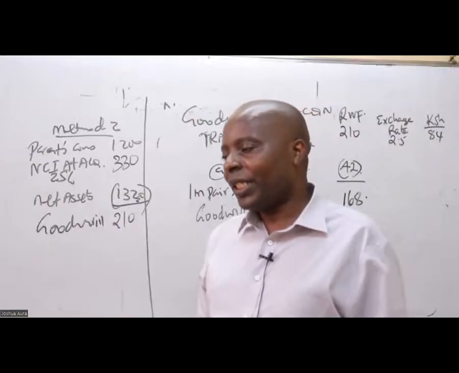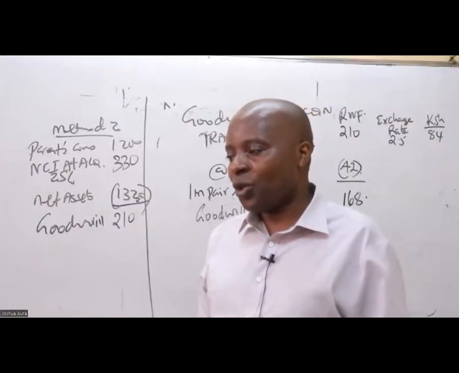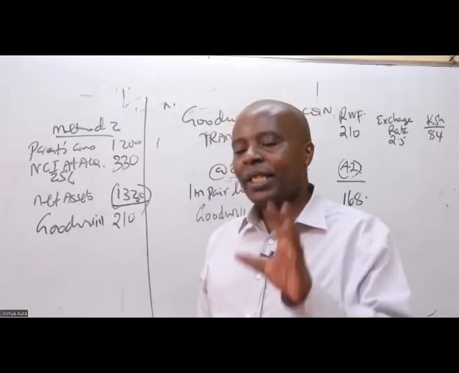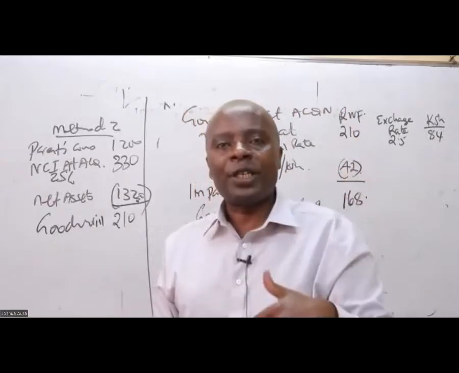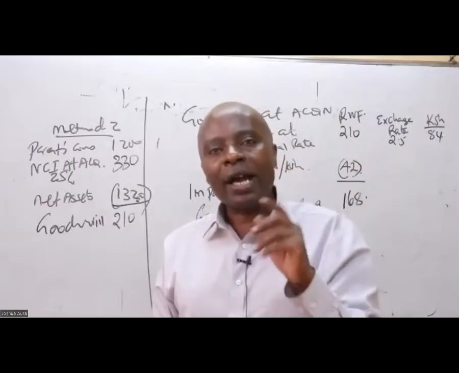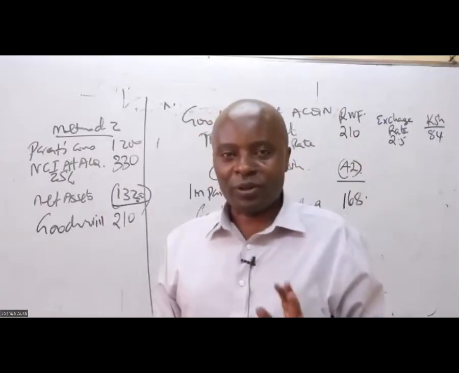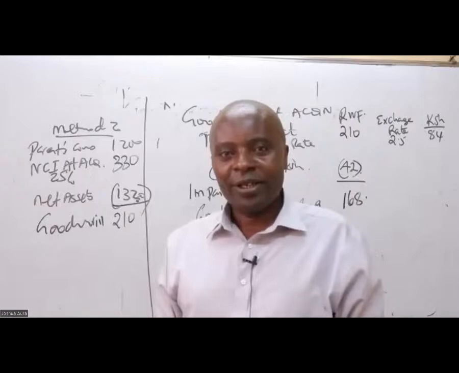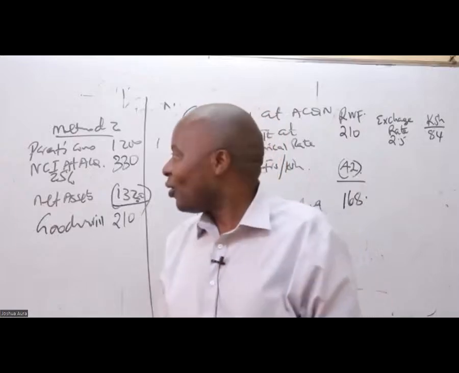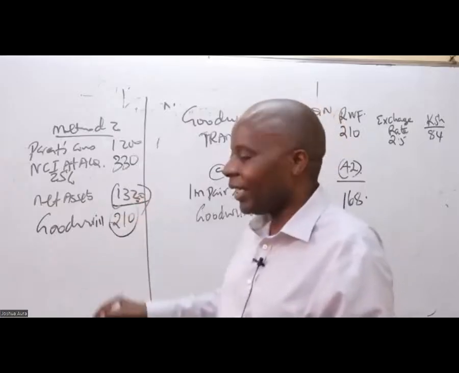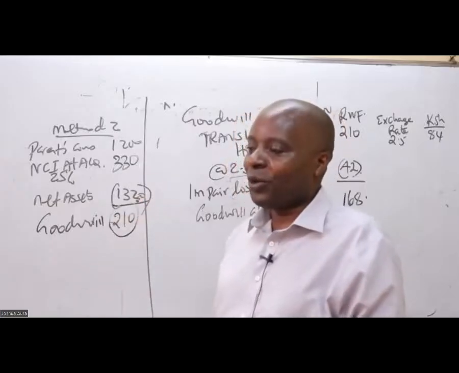I can see students complaining that they are floating. The most important thing, ladies and gentlemen, that I would want to sell to you here today is that when they tell you to do the goodwill account, the beginning part of it, getting up to goodwill at acquisition. The student who is saying they are floating, were you able to get up to this 210? Were you able to get 210?